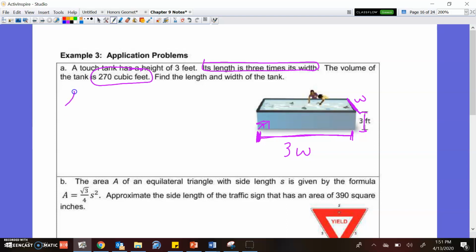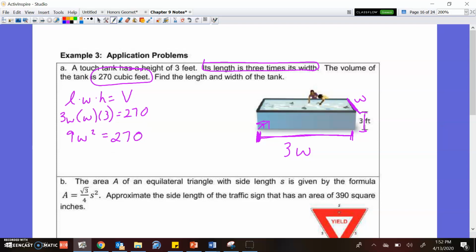But let's see what we have. So length times width times height equals volume. Now my length is 3W, my width is W, and my height is 3, and that all equals 270. So I can multiply this left side together. 3 times 3 is 9, and W times W is W squared. So I have 9W squared equals 270.